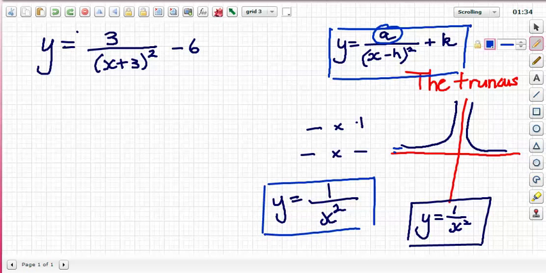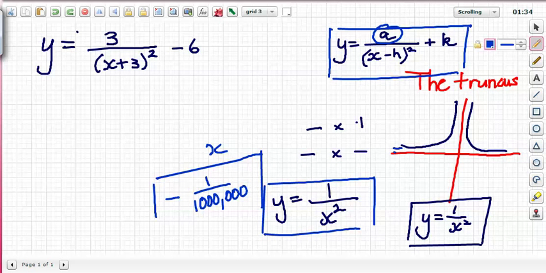So let's just say negative 1 millionth. Now remember, that's our x value here, negative 1 millionth.